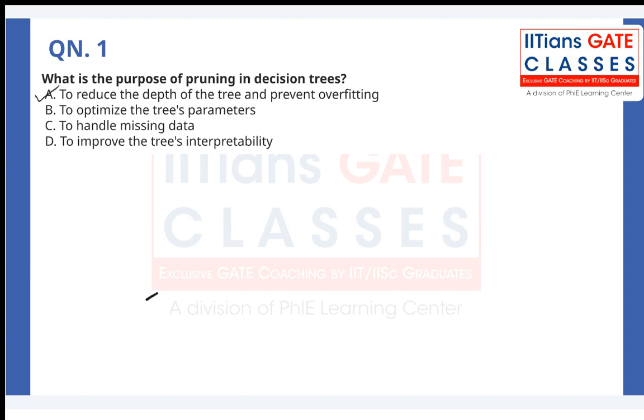Now, why is A the answer? First you have to understand what pruning is. I hope you all understand what a decision tree is. A decision tree typically involves a feature, let's call it F1. You divide your set of data points, let's say if it is greater than some threshold or less than the threshold, then over here you use some other feature to break it down further.